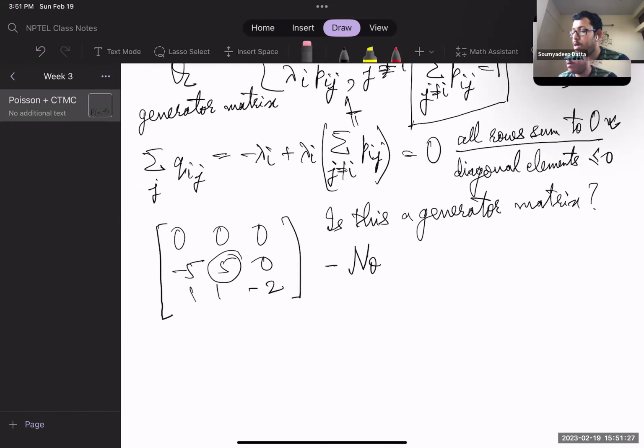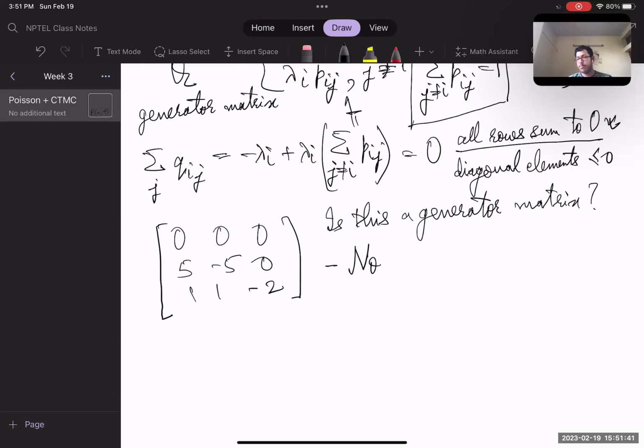But how about I change it, let's say I fix that. Does the answer change now? This is actually still no, because you cannot have an all zero generator matrix.